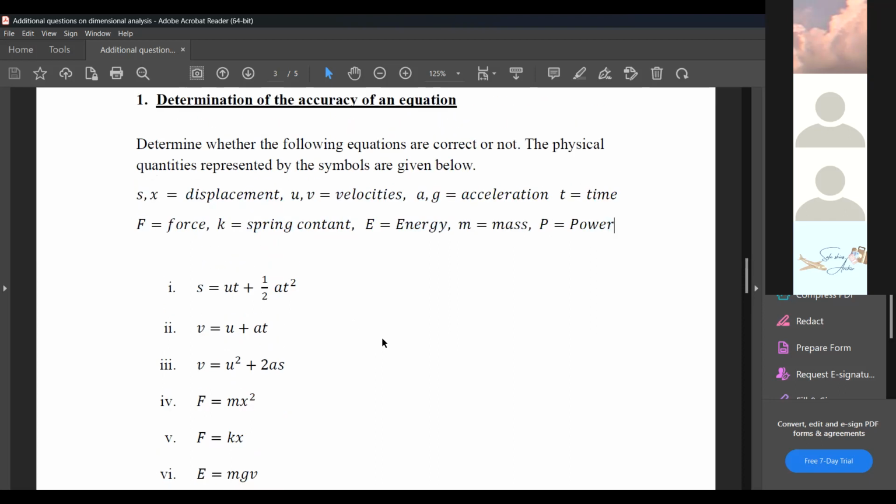The first equation is S equals ut plus half at square. Okay, don't do anything. I will explain how to do that. This is the equation.